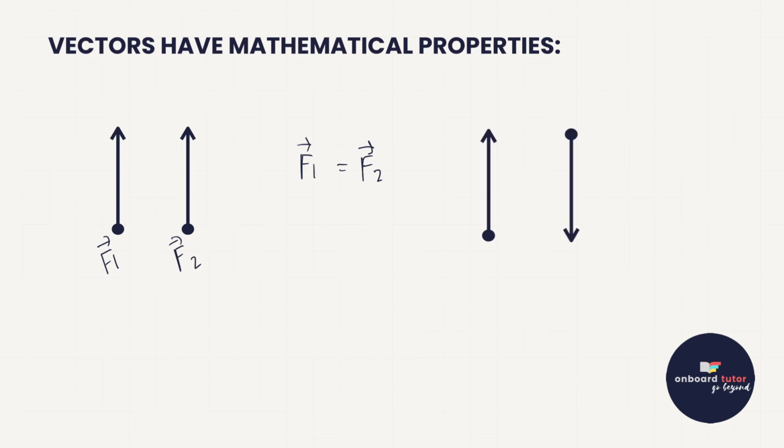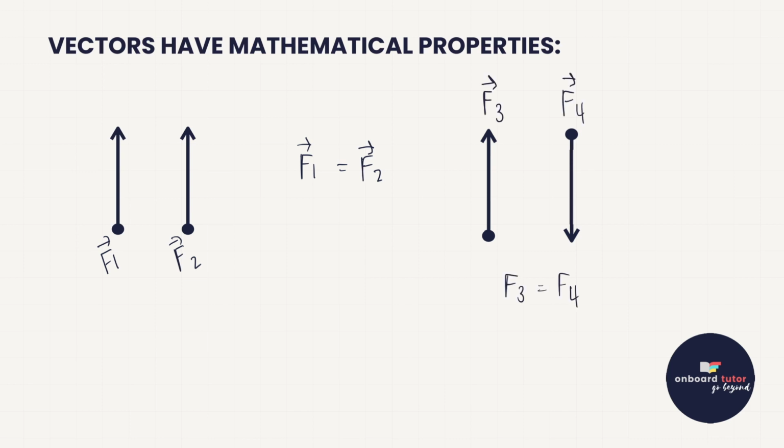So now in this case over here, we wouldn't say that these 2 vectors are equal because the one is pointing upwards and the other is pointing downwards. But since they have the same length, we can say that they are equal in magnitude. Now if you remember back to our vector notation, we can represent the magnitude of a vector by simply leaving out the arrow.